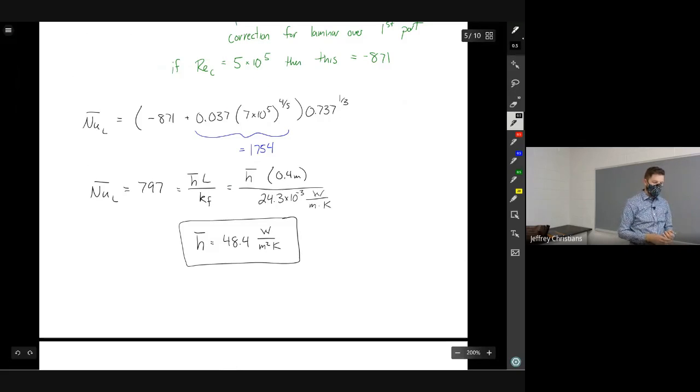And we can calculate h as 48.4 watts per meter squared Kelvin.